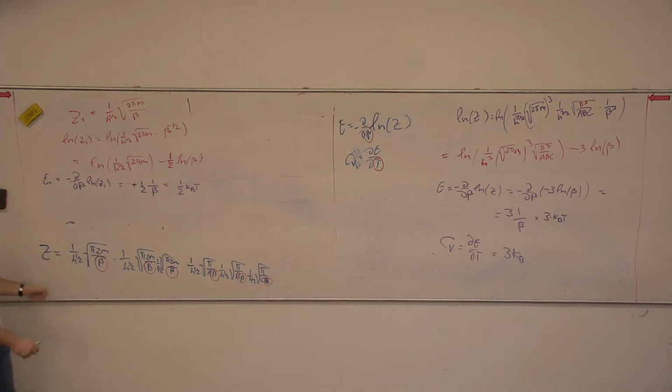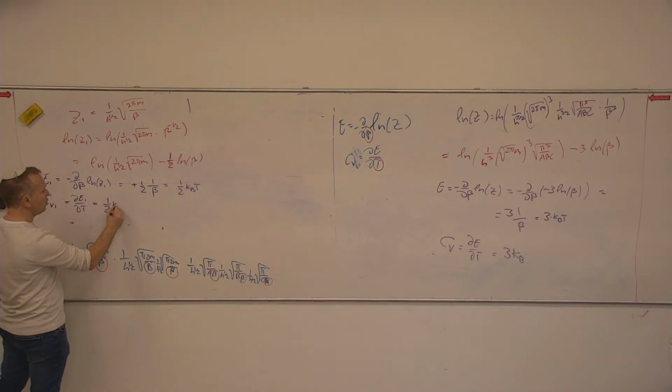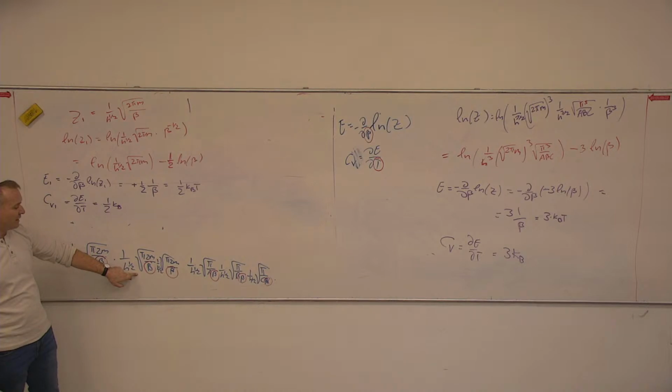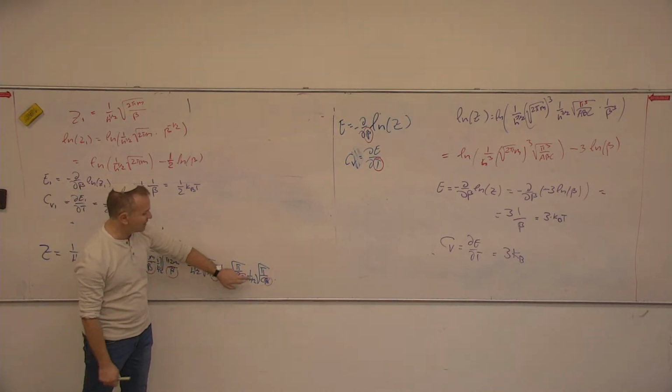Okay? So E1 will give you 1/2 K Boltzmann T, and CV1 is dE1 over dT. It will contribute 1/2 K Boltzmann. So this will give you 1/2 K Boltzmann, this will give you 1/2 K Boltzmann, this will give you 1/2 K Boltzmann, etc., for this and that and that.